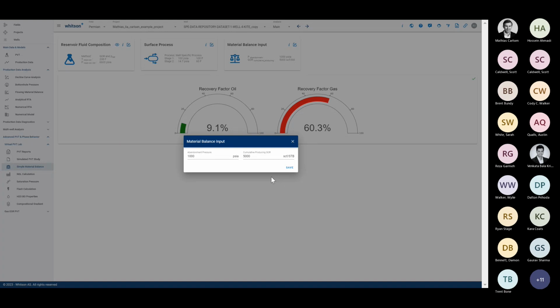So you can take those cumulative GORs at end of history, plug them in here, have some educated guess based on abandonment pressure, and you have everything you need to calculate recovery factors. These will be the upper limits of recovery factors if your entire tank actually reached that abandonment pressure. So it's a good exercise to go through to see if your forecast makes sense as well.